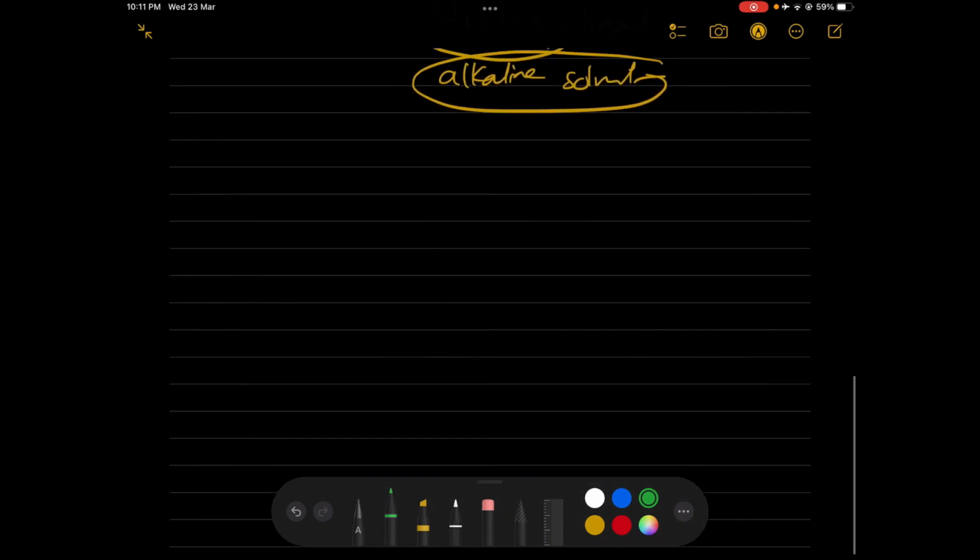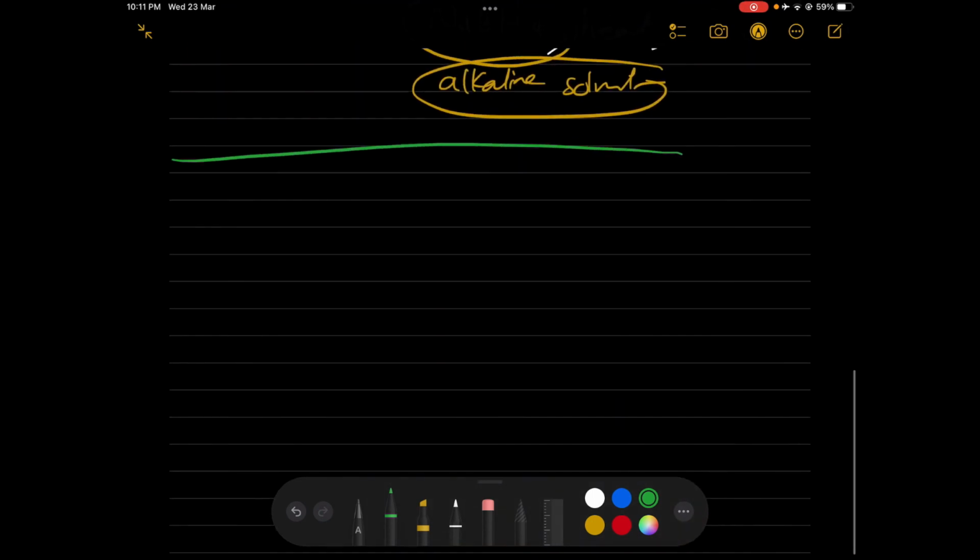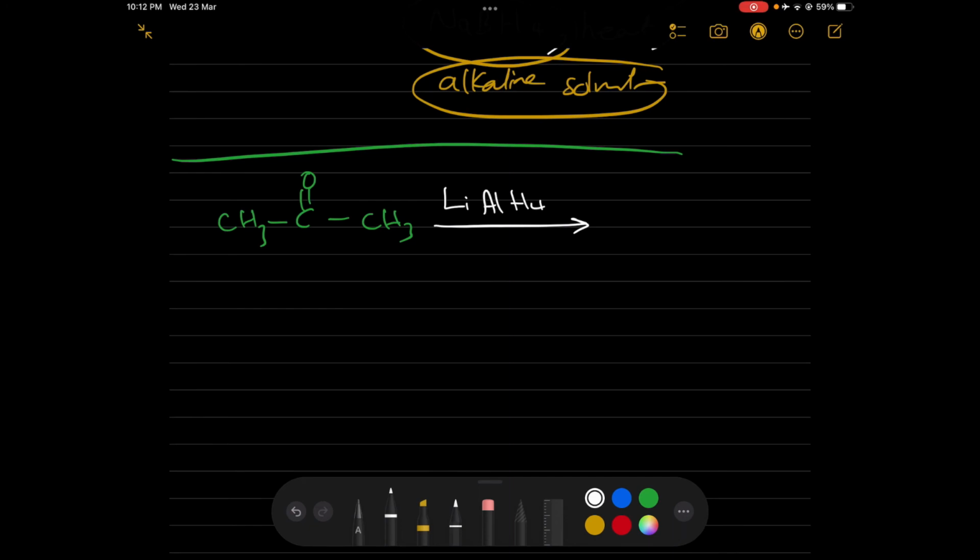Now let's go to the second part of the reduction process. If you have a ketone, let's take this one, CH3COCH3, and we apply lithium tetrahydridoaluminate in dry ether, what do you think the product will be?